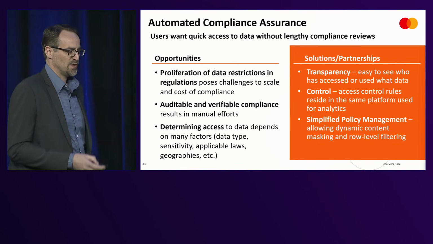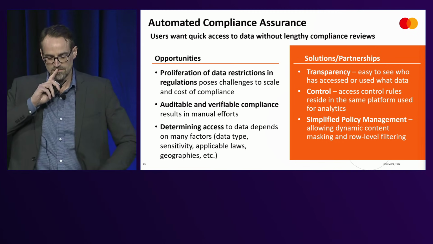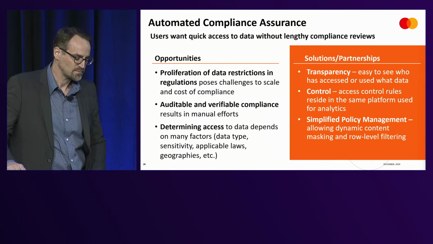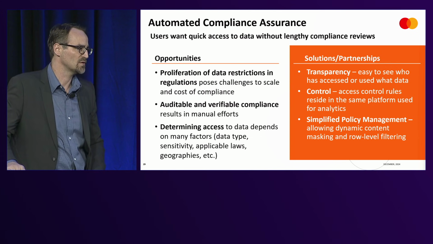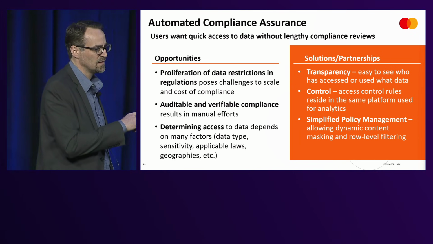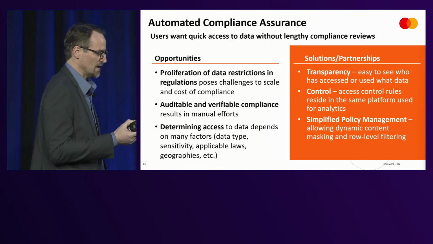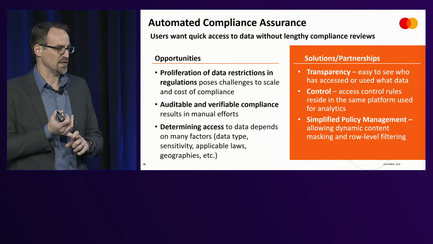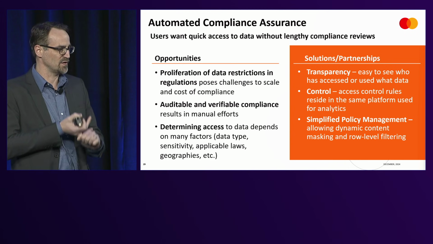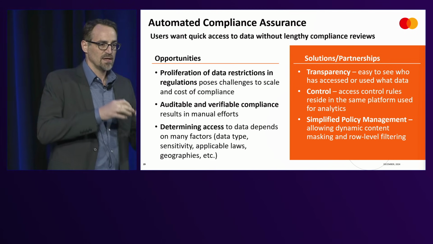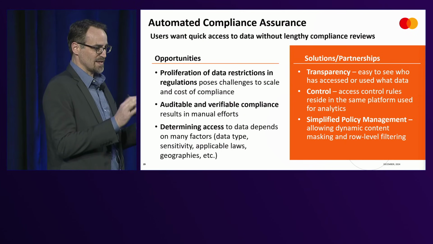The cool thing about Databricks is that we can automate these rules in the Unity Catalog. The other cool thing is that it's a platform where the usage of data, the governance of data, and the access control around data all happen in the same platform.